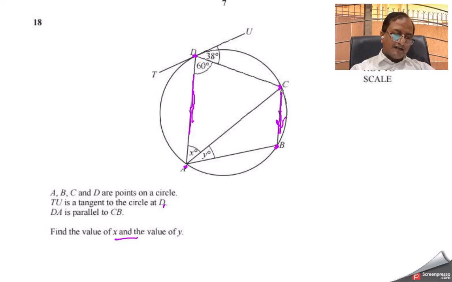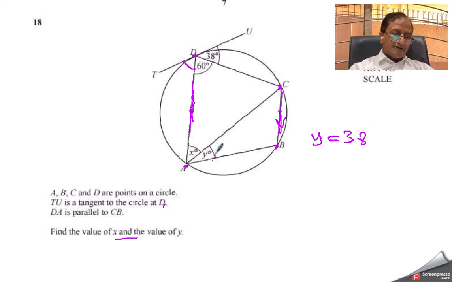If we check x and y, for x, these two lines are parallel. Now y equals 38, because in a cyclic quadrilateral the exterior angle is equal to the opposite interior angle.